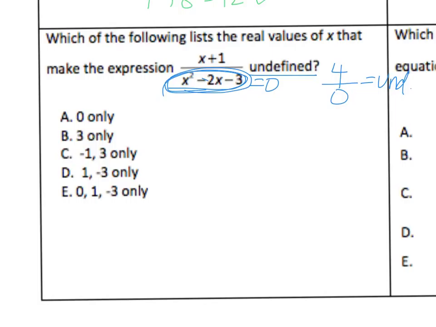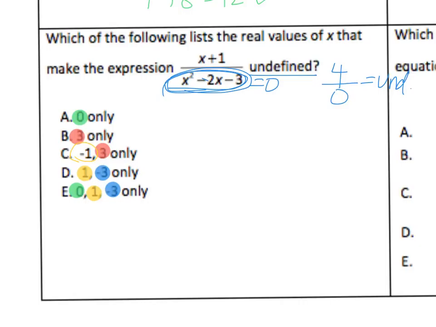Looking at the things that show up the most often: 0 and 0, 3, 3, negative 3, negative 3, 1, and 1. The only one that doesn't show up with another is negative 1; there's no other negative 1 in these answer choices.